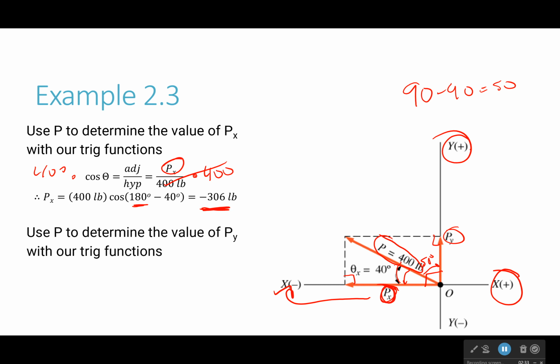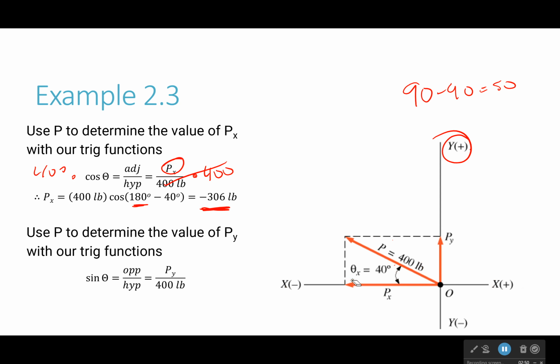Okay, now we're going to use p and our trig functions to determine what py is, this vertical component. And this time I'll use sine of theta. I could have used cosine of theta if I use 50 degrees, but I'm going to rewrite it, and I'll clean this up a bit because it's getting a bit crazy over here. So let's draw it big. This is p, which is equal to 400.